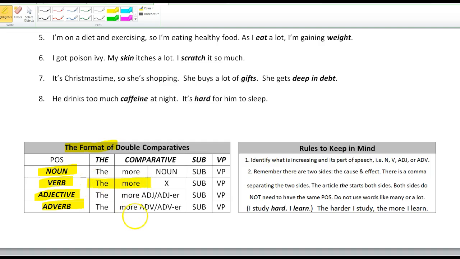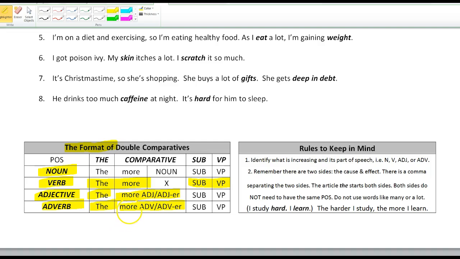Okay, so if the increasing thing is a verb, then it's going to be the more, subject, and verb phrase. So that's pretty easy. If the thing that's increasing is an adjective or an adverb, it's going to be the, and then a comparative. So if it were hot, it would be hotter, the hotter.